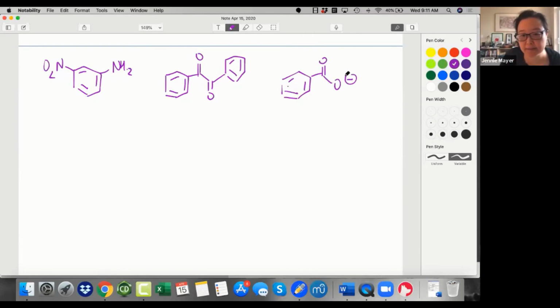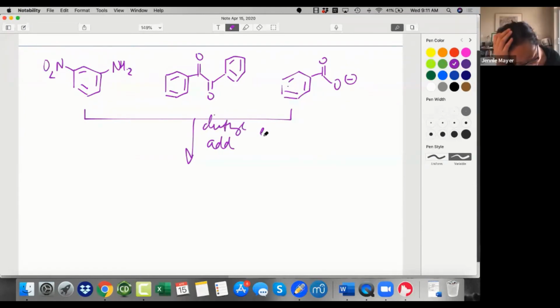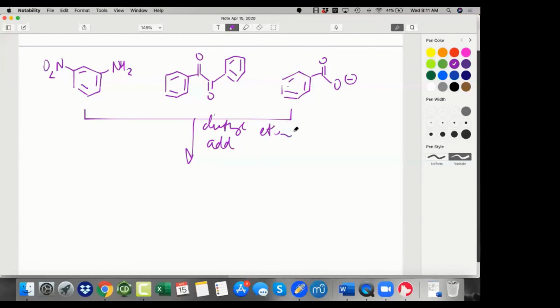Okay, so you have these three compounds. And so anyone figure out what could the first step be? You dissolve it in diethyl ether. Okay, diethyl ether. And that dissolves all three solids.